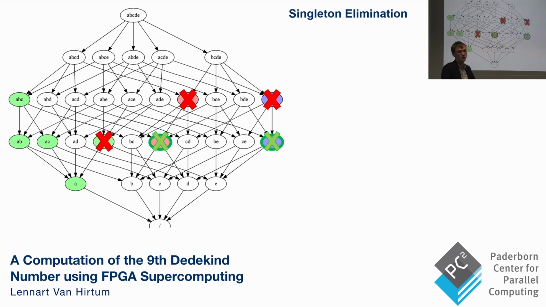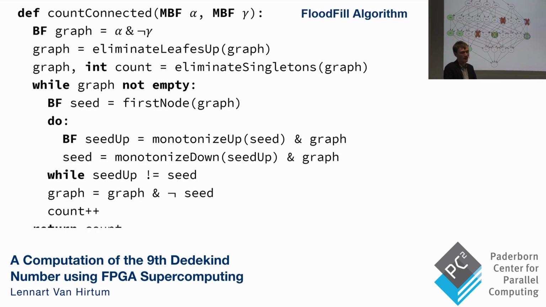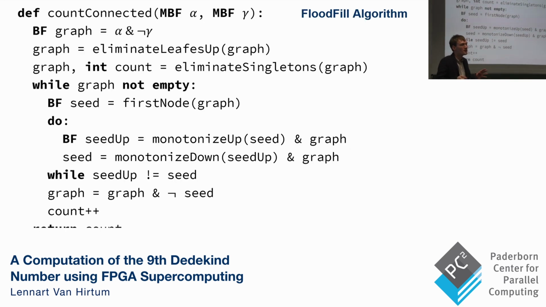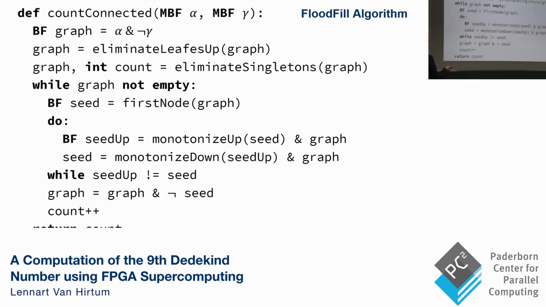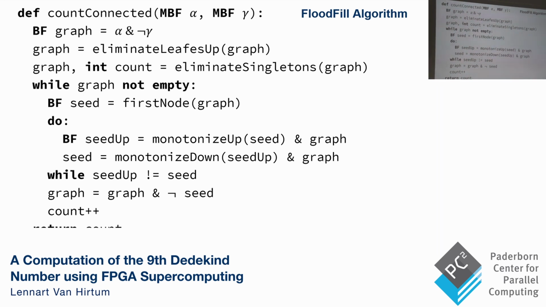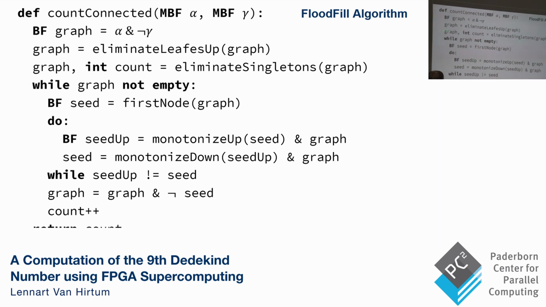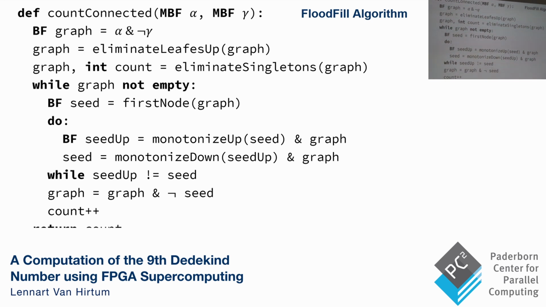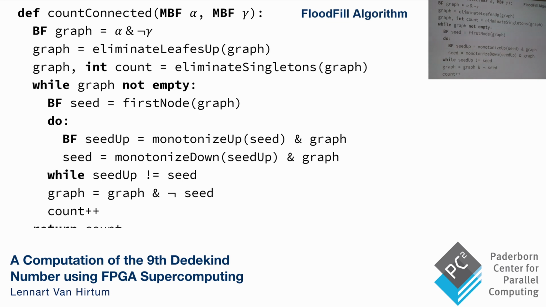So we've detected 2 singletons ahead of time. I've put it into a bit of code here, so it's pretty much what I explained already. We take our graph in, we remove the nodes from gamma from alpha, we do our leaf elimination, we do our singleton elimination. And then, while we can still remove nodes, or while we can still pick a new seed, pick a seed.